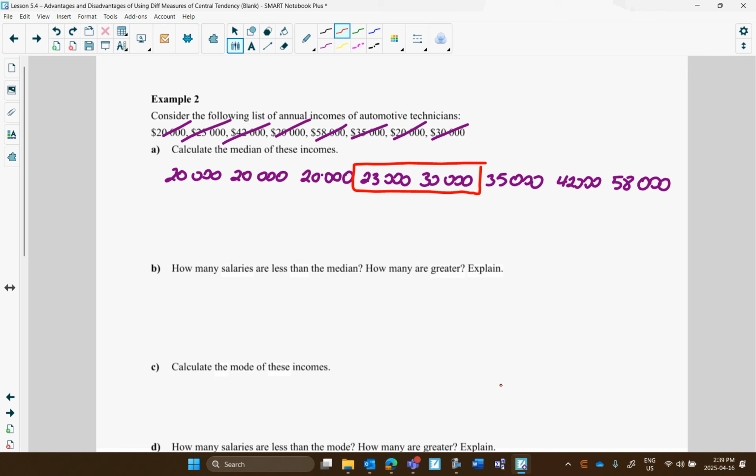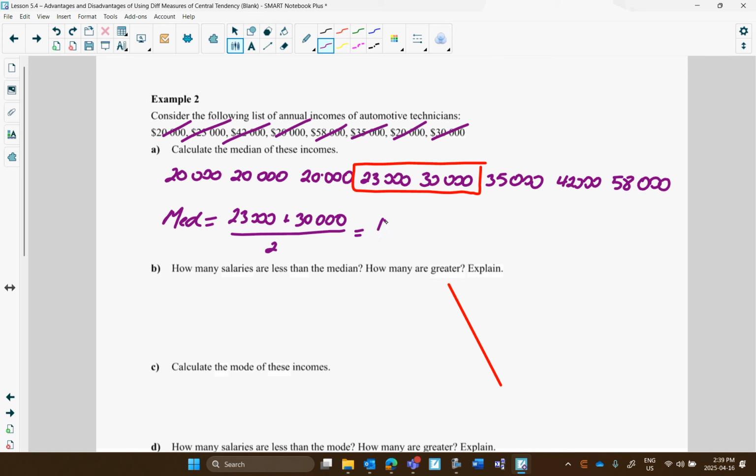That's the very definition of median: same number of data values below, same number above. So to find the median, we've got to average those 2. So 23,000 plus 30,000 is 53,000, divided by 2, which gives us 26.5.